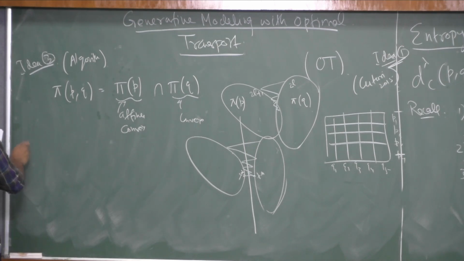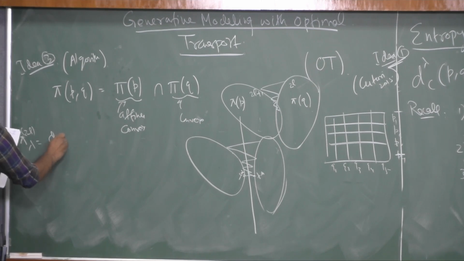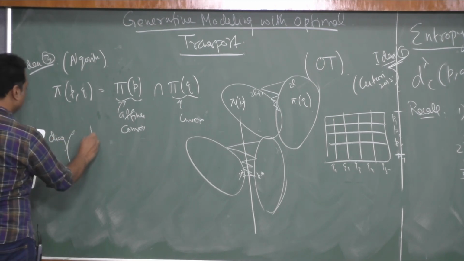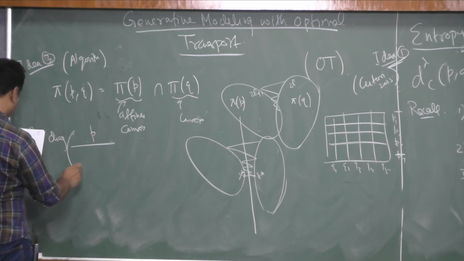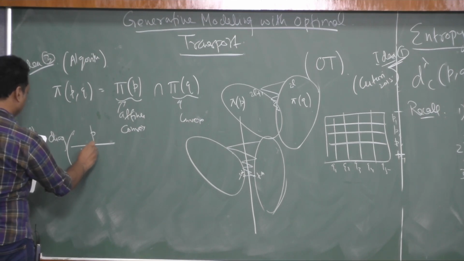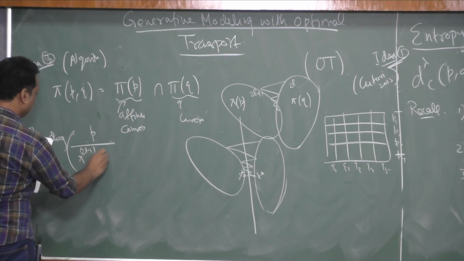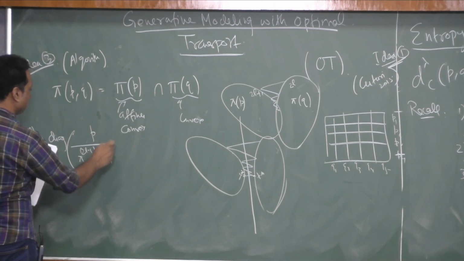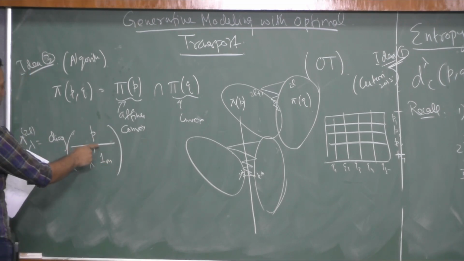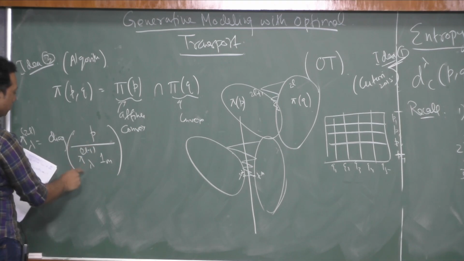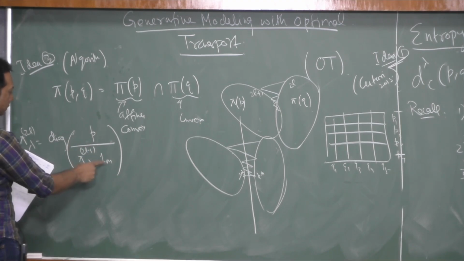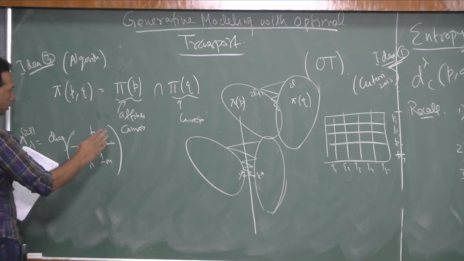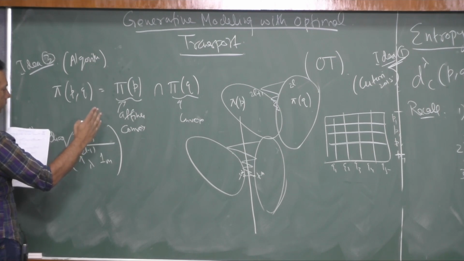So the even iterations are diag of p divided by pi 2l minus 1 lambda times 1m, where 1m is a vector of all ones. This is a pointwise divide. This is a vector, and this is a matrix times a vector of all ones. So you multiply a vector on the right, and it does a row sum.